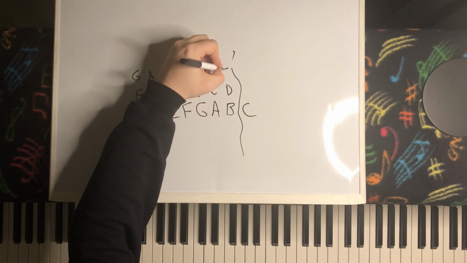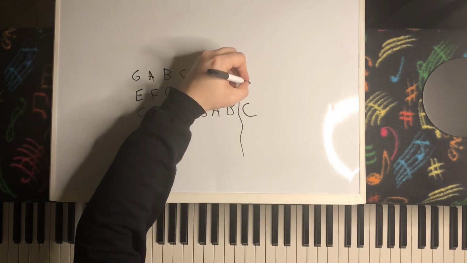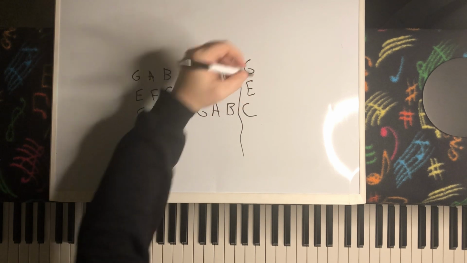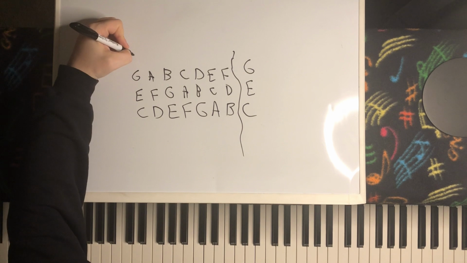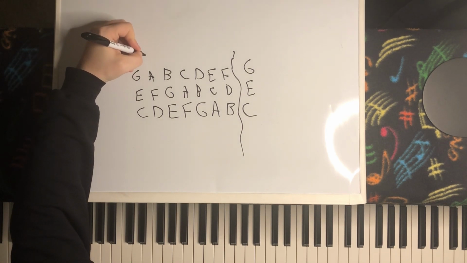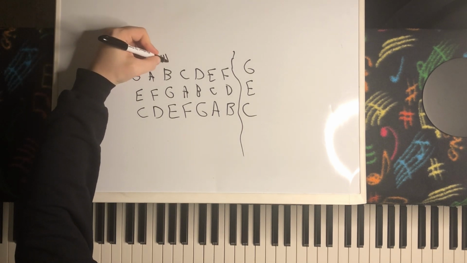B, D, F. And then we're all the way back to C, E, G. All right, so basically what I'm doing is I'm taking a C scale, and then I'm building a chord off of each note.